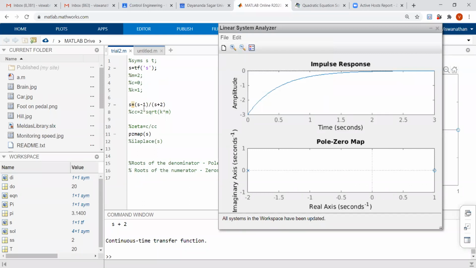So what you see here is s is equal to -2, you have a pole, and then you have a 0 at 1.